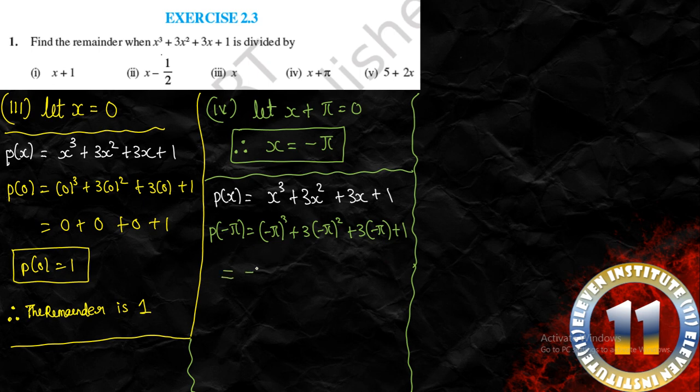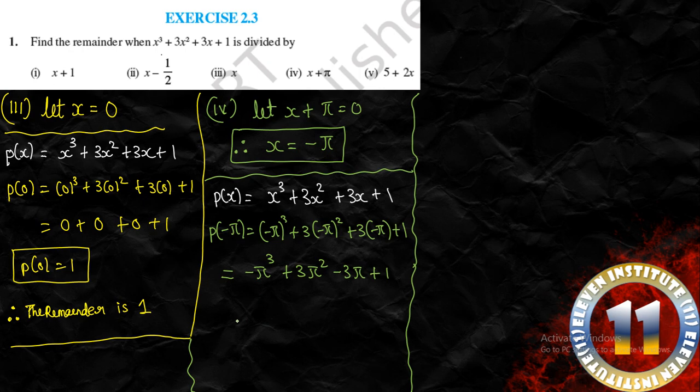So this will be minus pi cube plus 3 pi square, because the square of a negative number is positive, and then minus 3 pi over here, and then we have plus 1.